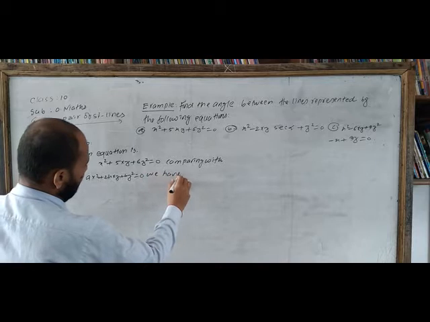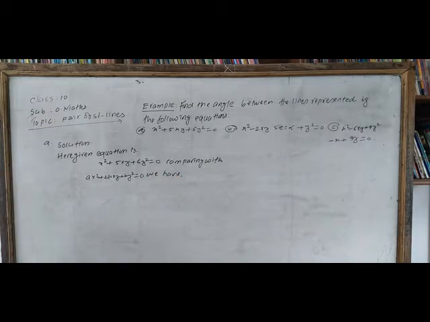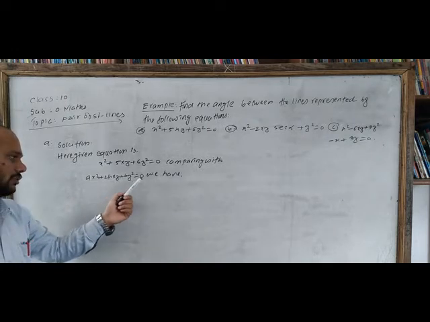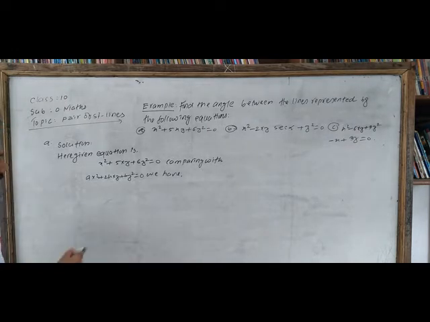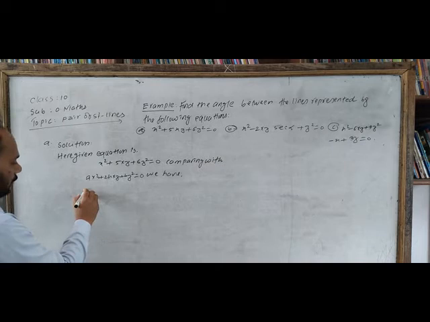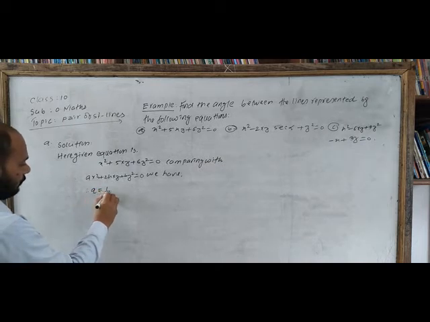We compare the given equation with ax square plus 2hxy plus by square is equal to 0. What is the coefficient of x square? Here the coefficient of x square is 1, therefore a is equal to 1.